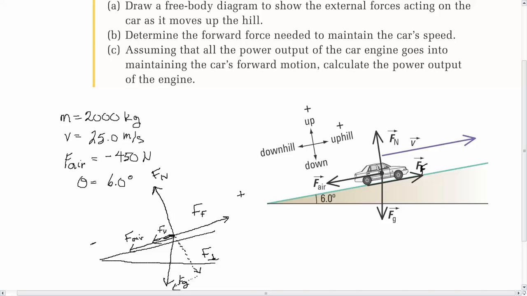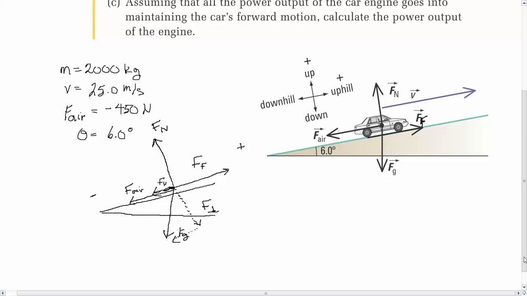Okay, and we notice that our net force in both instances is 0 because we have the car moving up the plane at a constant velocity. So if there's a constant velocity, there's no net force.